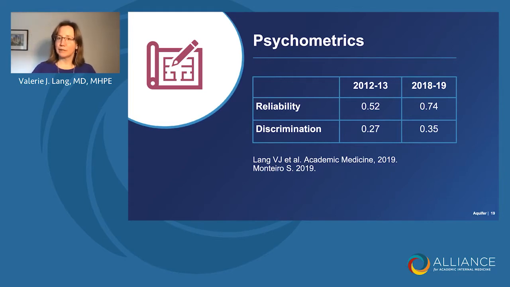If you look at one question, you want the majority of students who get that question correct to also do well on the exam. If it's the students who perform poorly overall who do better on a particular question, that would give you a negative correlation. So you want this to be positive. And we did have a very good discrimination on this exam. It was 0.27 on the initial version, and it has since improved to 0.35.